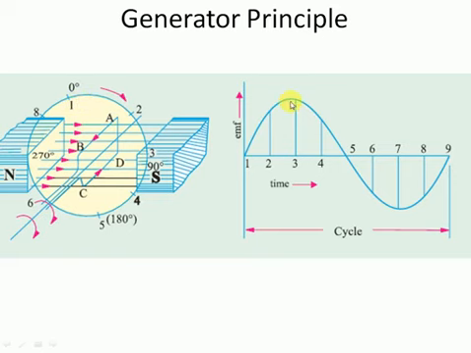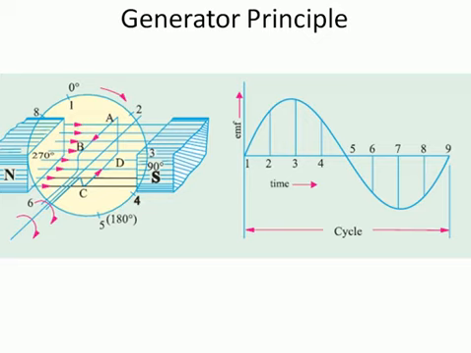Okay. Now consider this coil is rotating further from 90 degrees to 180 degrees, that is from position 3 to position 5. As the coil side AB moves from position 3 to position 5, the magnetic flux linkage goes on increasing, which indicates that the rate of change in magnetic flux linkage goes on decreasing.